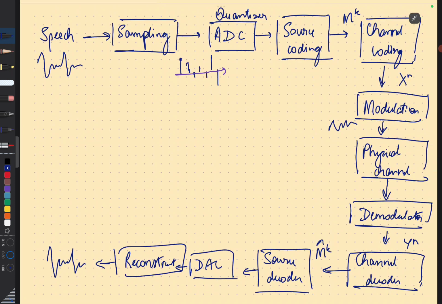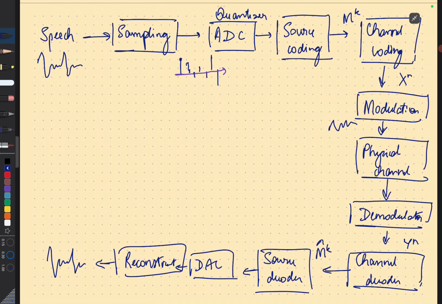So this is what a standard digital communication system looks like at a high level. It doesn't matter which generation, whether you're talking about 2G or 4G or 5G.